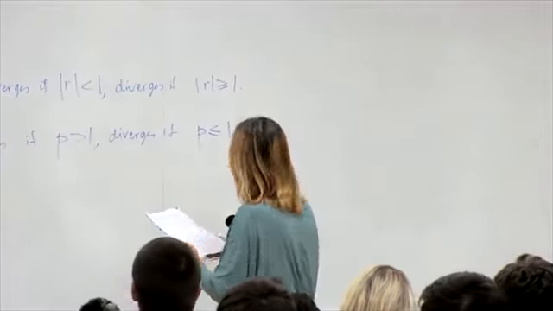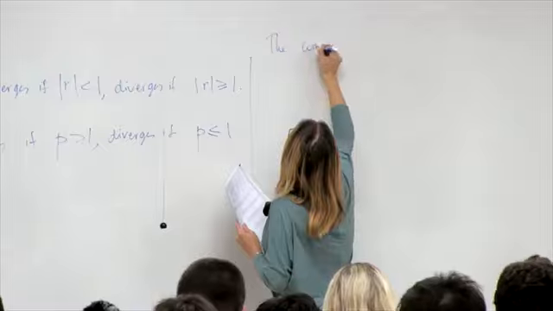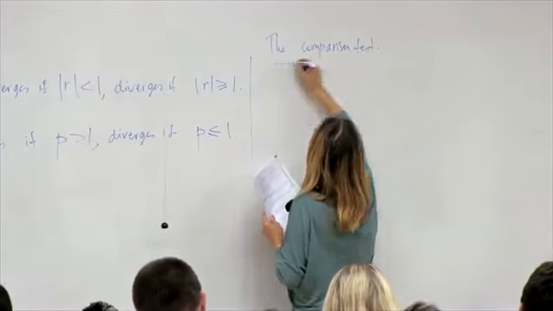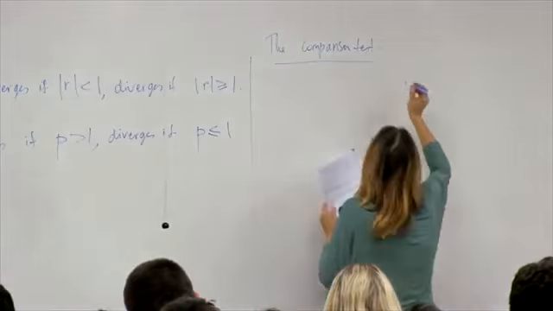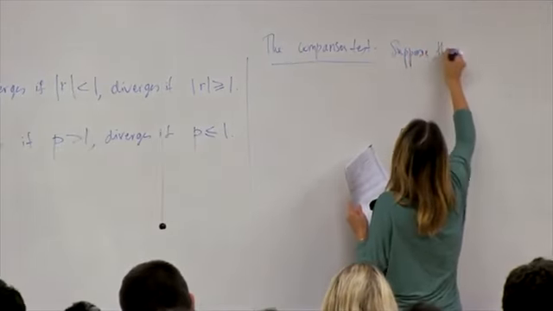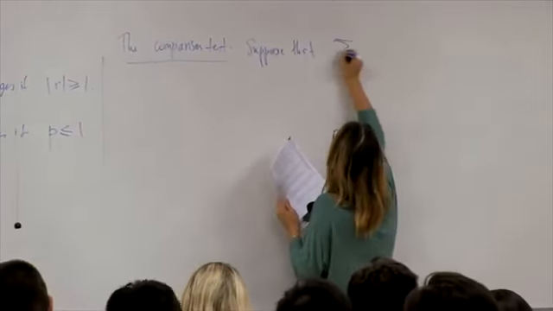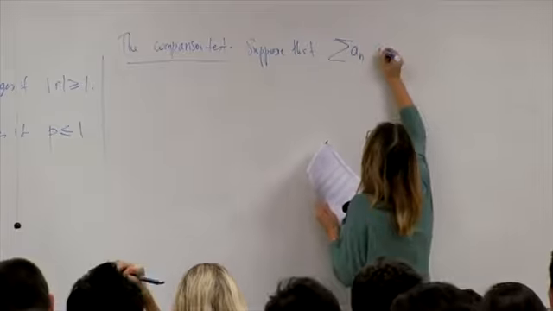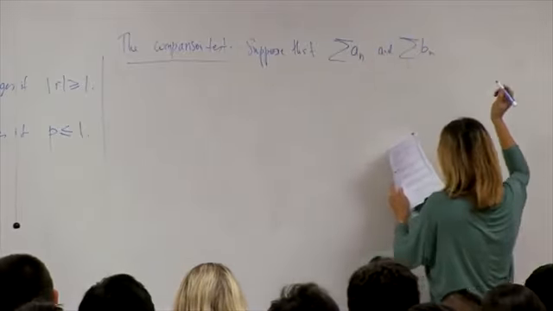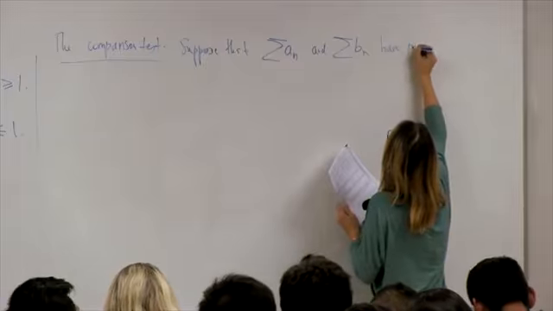So I'll give you a theorem, which is called the comparison test. So suppose that we have two series, a_n and b_n, okay? And let's suppose that they have positive terms.